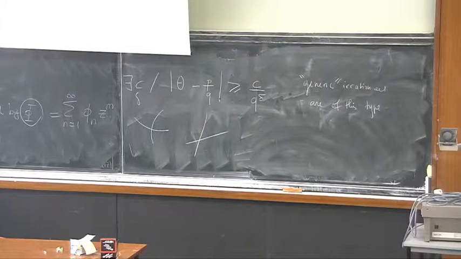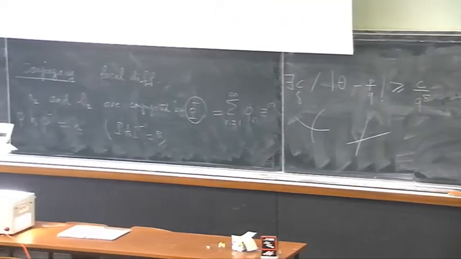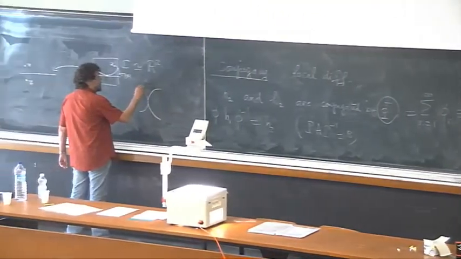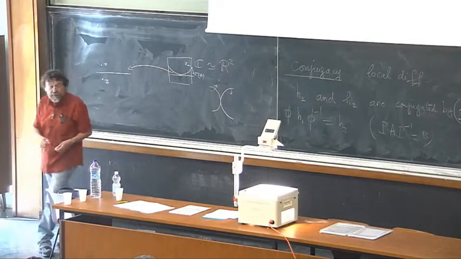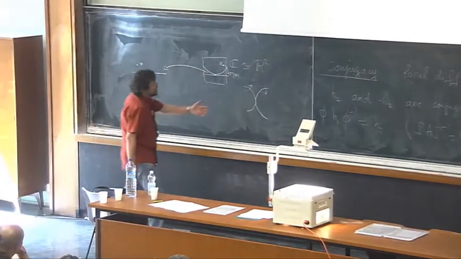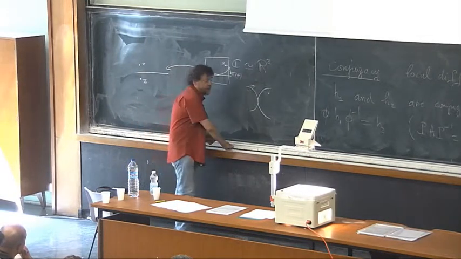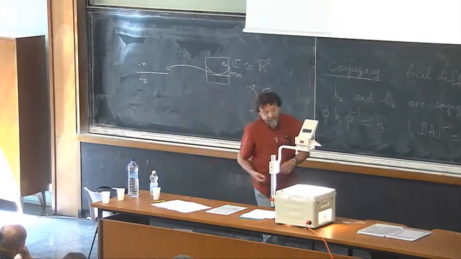You have a paper by Trépreau in an Astérisque, and you have papers by Ahern and Gong for pictures of this type. You take, for example, two parabolas. You have the two anti-holomorphic involutions, and you want to give models for this type of picture, and it's a really difficult problem.